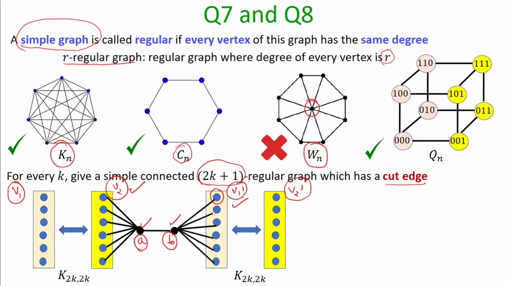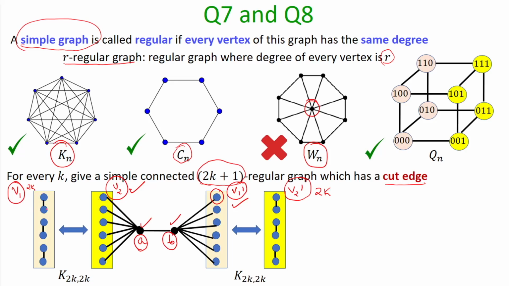But right now the degree of every vertex in V1 is 2k, and similarly the degree of every vertex in V2 prime is 2k. I need to increase the degree of each vertex in V1 by 1, and I have to increase the degree of each vertex in V2 prime by 1 as well. And that is simple. You take the vertex set V1, you pair them into k pairs.